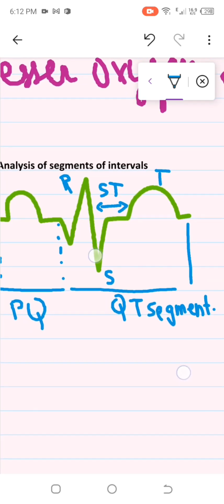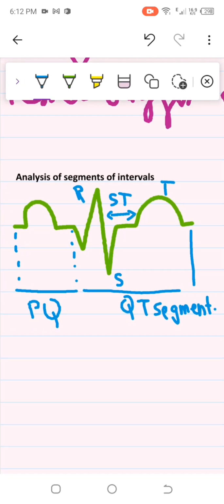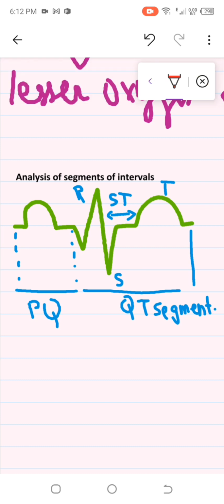Now, PQ represents the time in which the atria get depolarized.